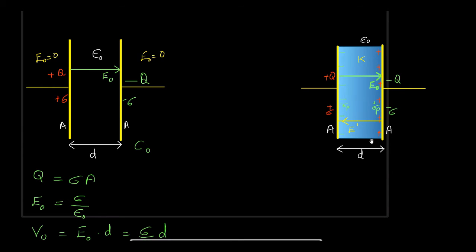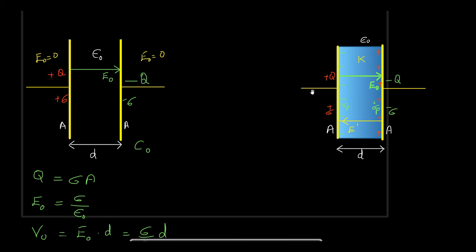That is, a plane sheet of positive charge appears in the dielectric near the negatively charged plate of the capacitor, and a negative plane sheet of charge in the dielectric is induced near the positively charged plate of the capacitor.